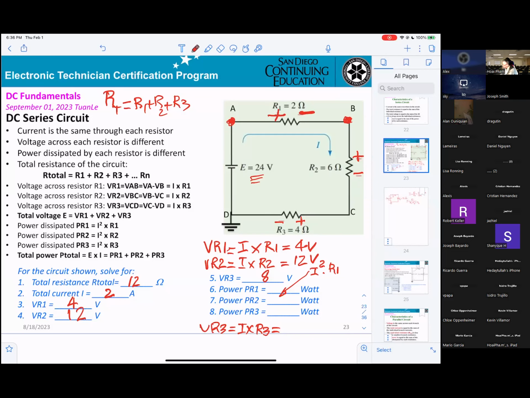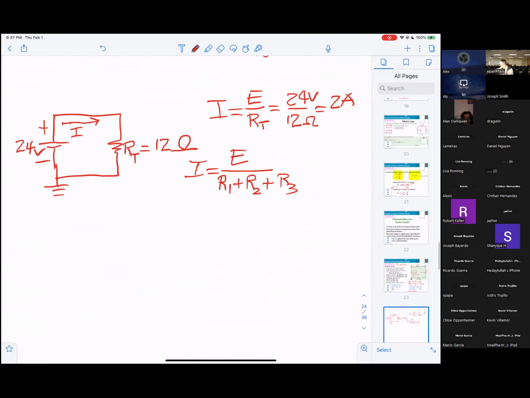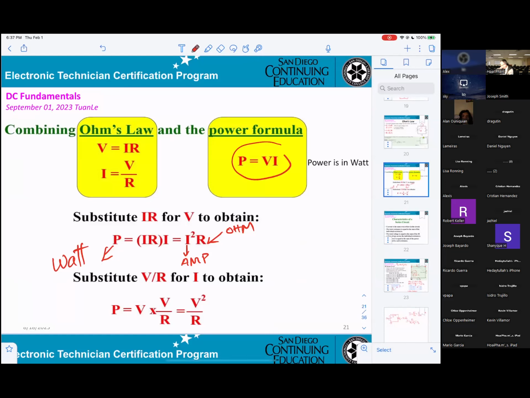If you want to calculate the power with this 24 volts, the formula will be P total equal E times I. That's right here. P total, V times I.